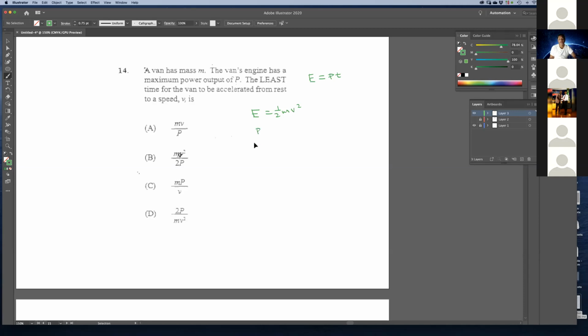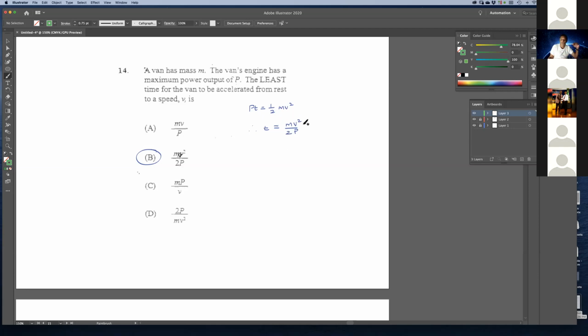I wrote the solution to this already, which is right there. When I reveal everything, it tends to be one on top of the other, and I don't want that to happen. PT, that's the E I said. PT is equal to half mv squared. And therefore T, the time it takes, would be mv squared over 2P.